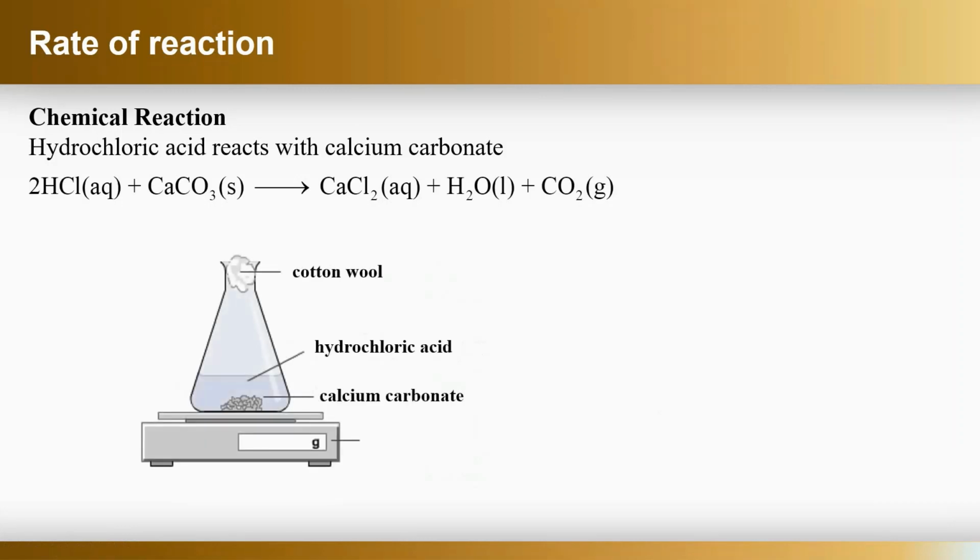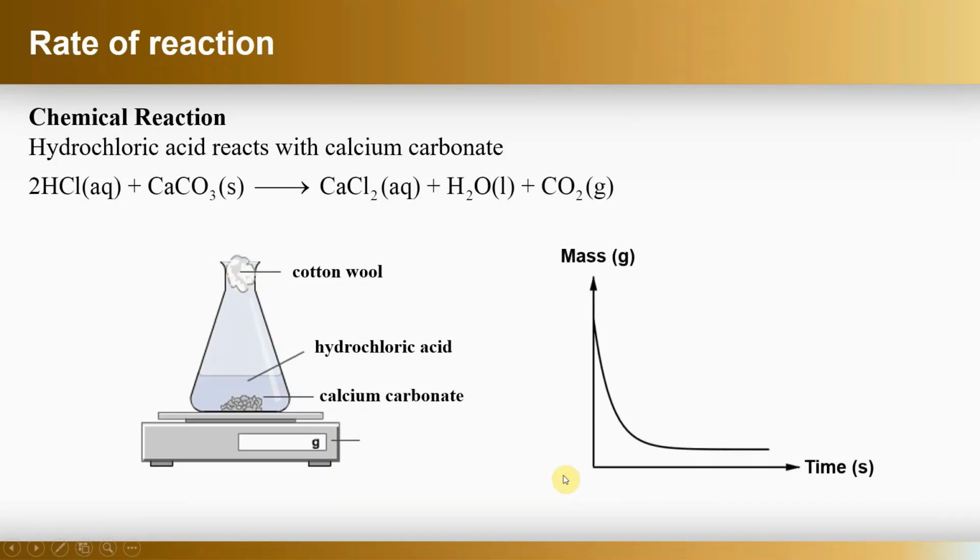So for measuring mass, we can put the conical flask together with the acid solution and calcium carbonate on a digital balance. We use cotton wool just to prevent the spill of the solutions, and we can expect to see a graph like this.